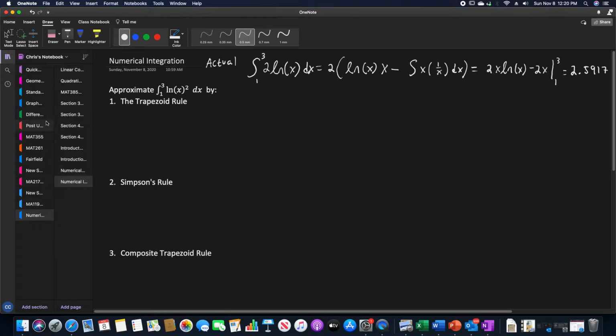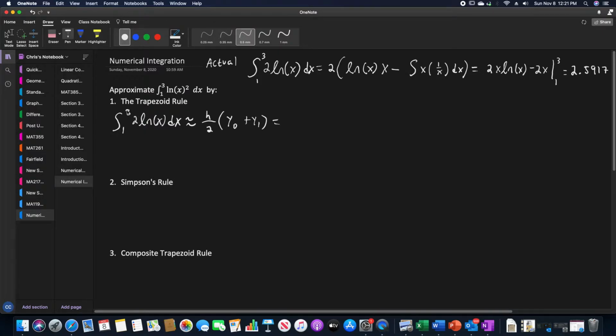The trapezoid rule. Based upon the equation here that we have, this is going to be the integral between 1 and 3 of 2 times the natural logarithm of x dx. We are going to approximate this by taking h over 2 times y sub 0 plus y sub 1.